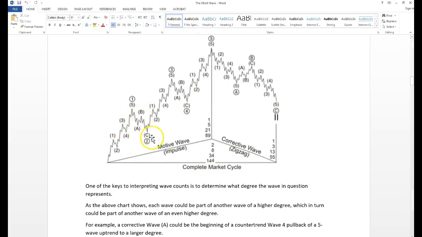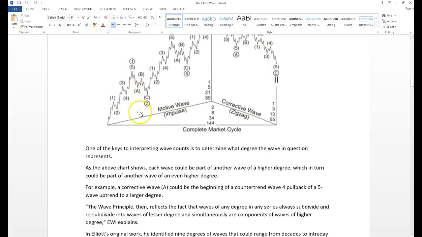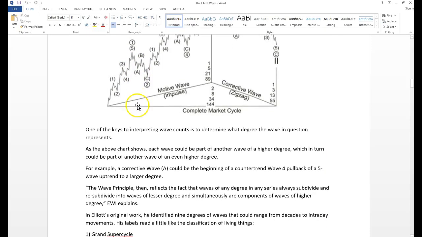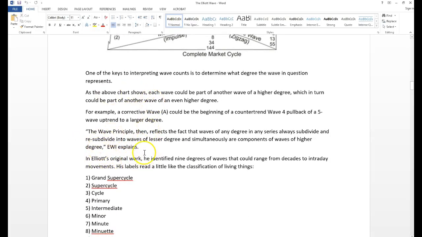So here's your 5-wave uptrend of the larger degree. This pullback A right here, right? It's just part of a counter trend wave 4 pullback. Alright? That's basically what all this is saying.